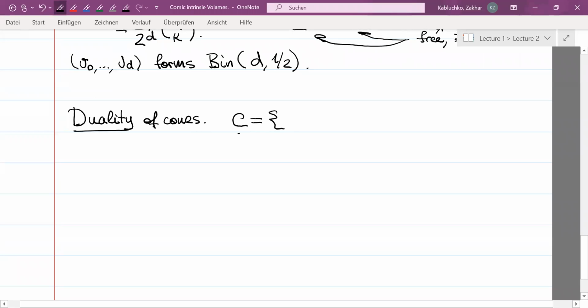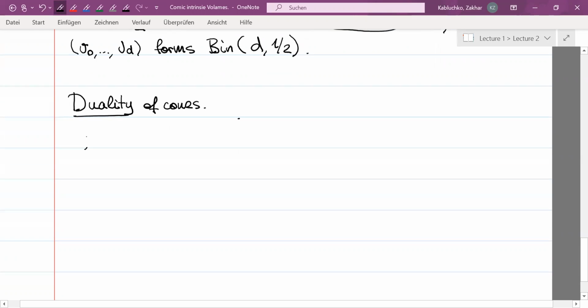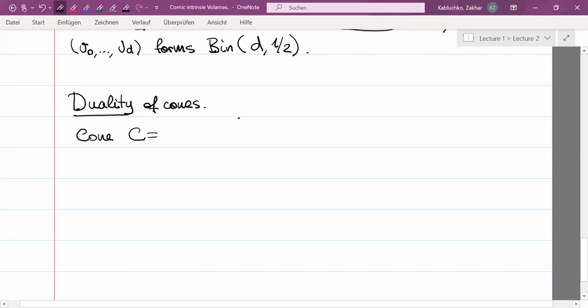Recall that a cone is a set of solutions to a finite system of linear homogeneous inequalities. For example, I can write it as follows. So here is a cone. Cone C is the set of all x in R^d such that the scalar product of x with y_i is smaller than or equal to 0 for all i.